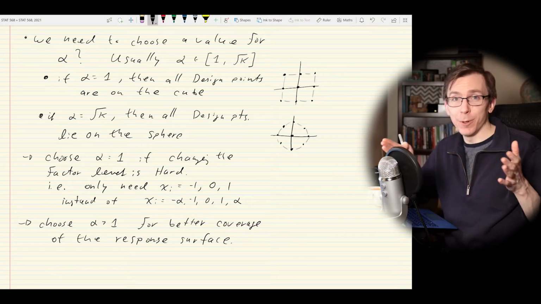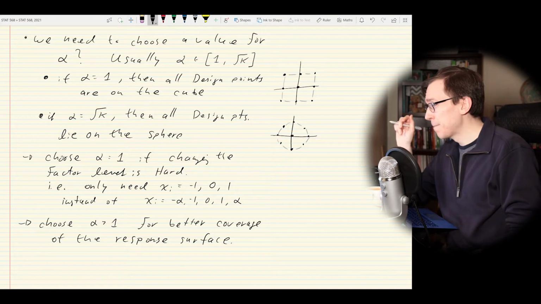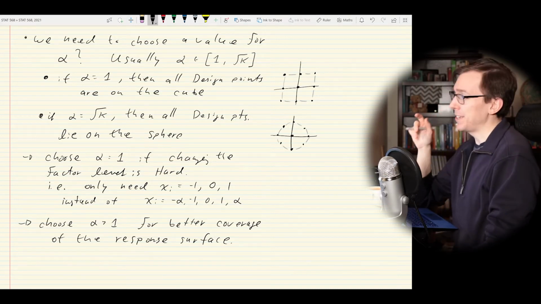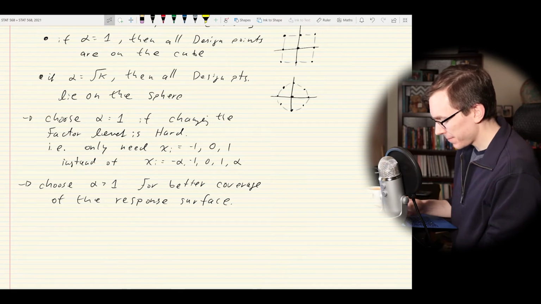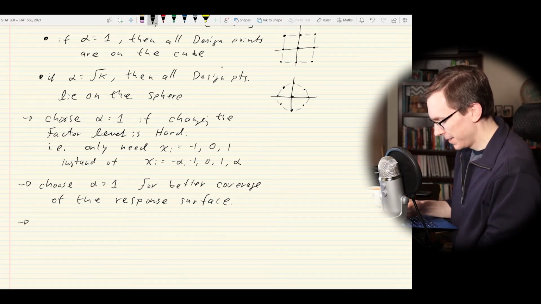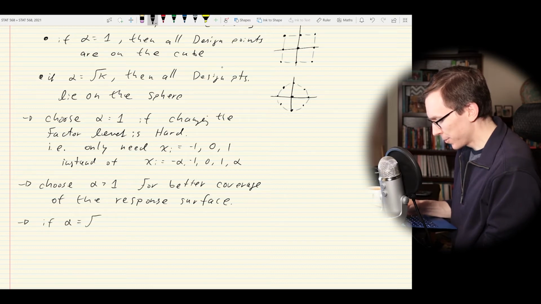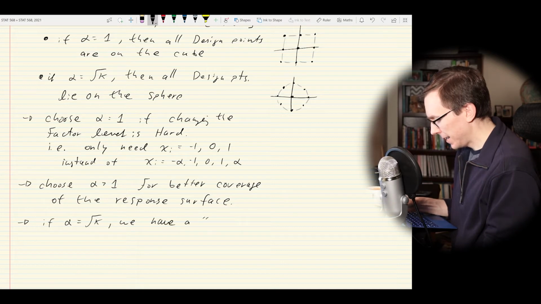If you want alpha to equal 1, if you want it to be bigger than 1, if you have a spherical design, well, another thing to note is if alpha is equal to root k, we have a spherical design as noted above.